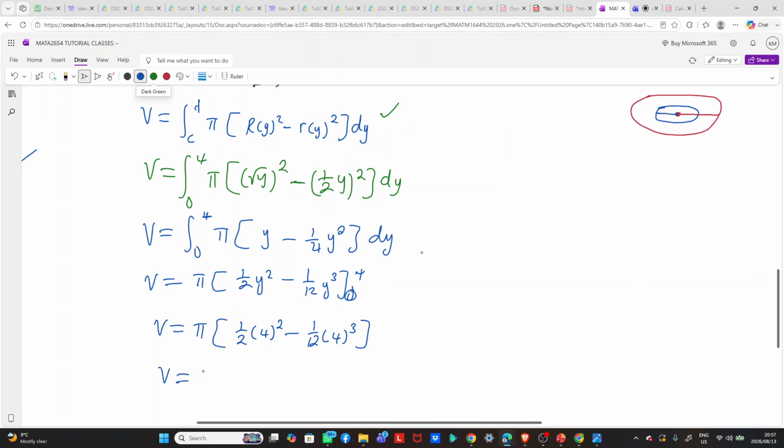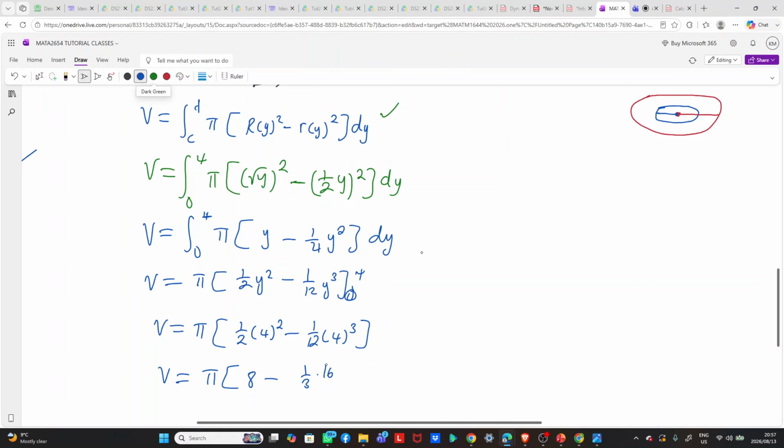So the volume will therefore be pi into, 4 to the power 2 is 16, divided by 2, you have 8. Then minus, 4 to the power 3, I can write that as 4 times 4 squared. Then I know here I'll have 1 over 3 times 16, right?